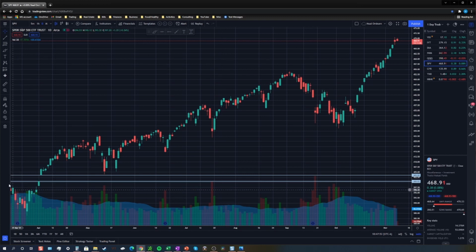Basically you look at where it's starting over here on the left side and where it's ending over here. If it's bottom left to top right, it's an upward trend. If it's top left to bottom right, it's a downward trend. And if it just kind of floats around in the middle, it's sideways moving.